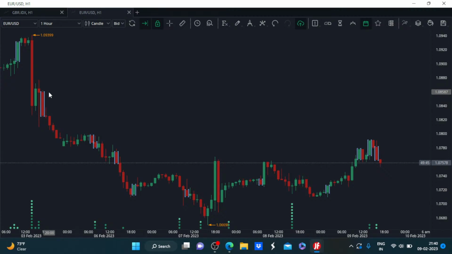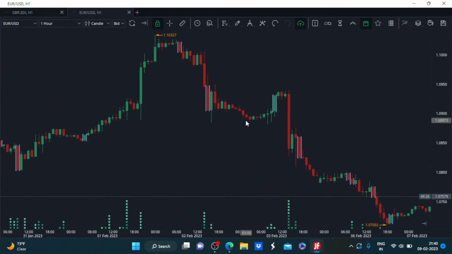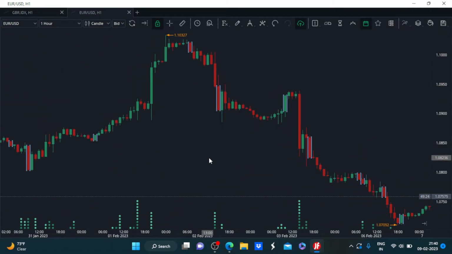So in this kind of formation, your stop loss is not going to be wide. It is going to be quite sharp, with quite a significant risk reward ratio. As your stop loss is going to be sharp, you can keep your target price quite wide, and that is going to get you a risk reward ratio exceeding 1 to 2.